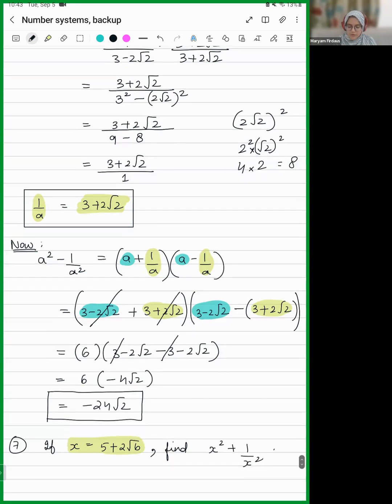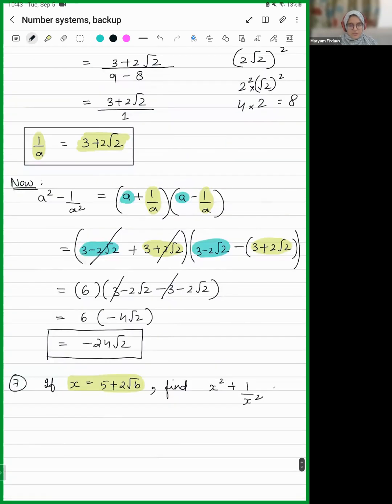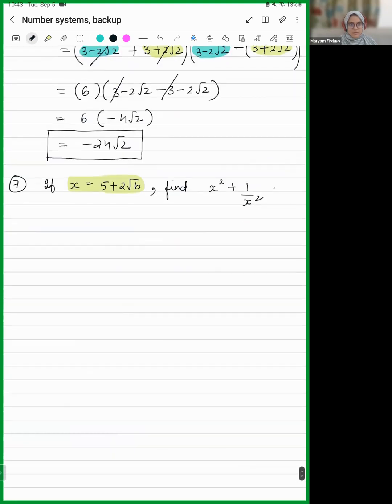The answer that you've given me, that's for the new question, the 7th question. See, we're going to try to do this question, okay?